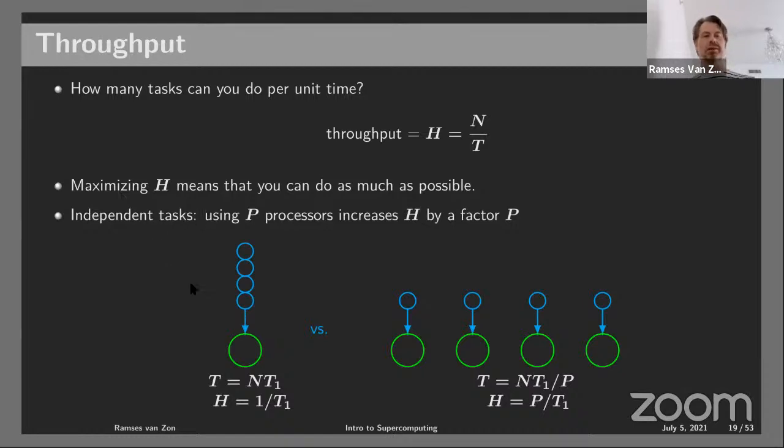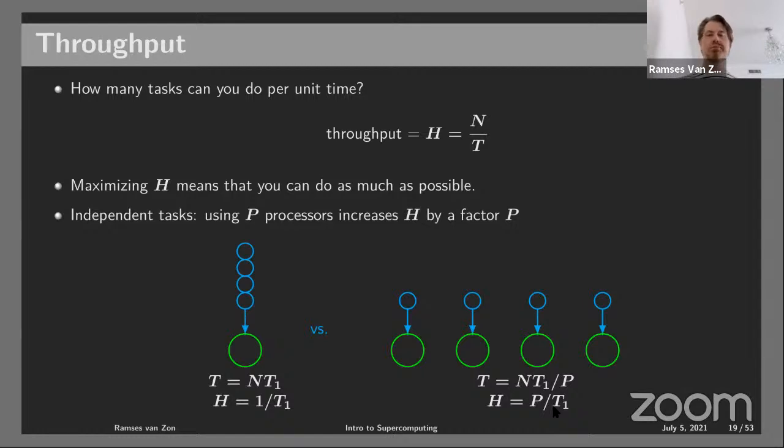In the case of these independent tasks, we can manipulate this a little bit, but it's also fairly intuitive. If you have 4 processors that run at the same time, your throughput goes from 1 over the basic time that one task takes to p times as much, where p is the number of processors.